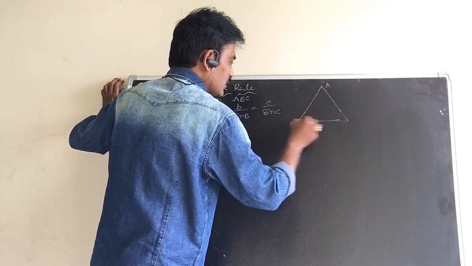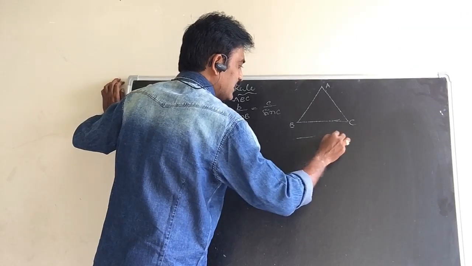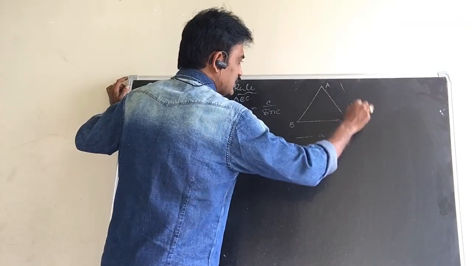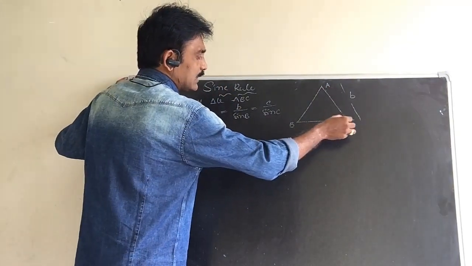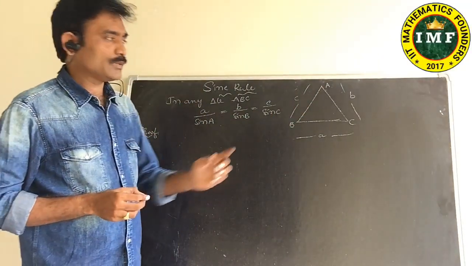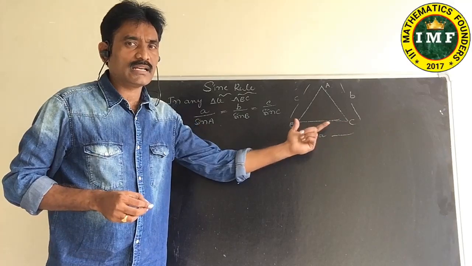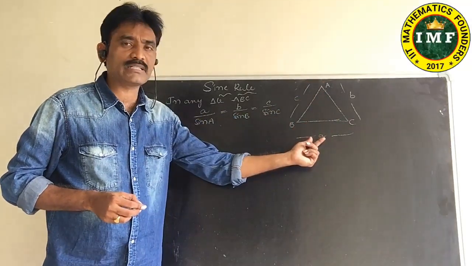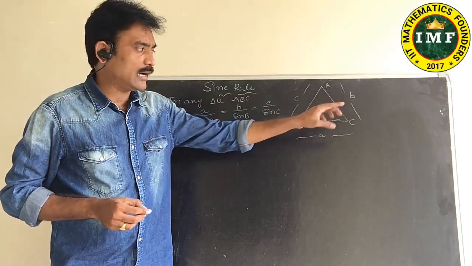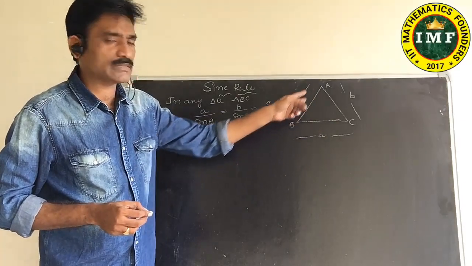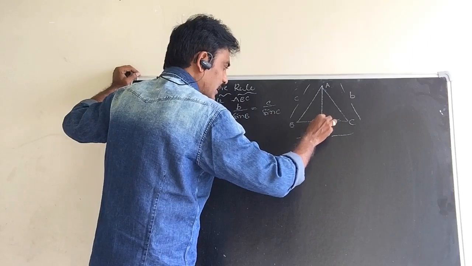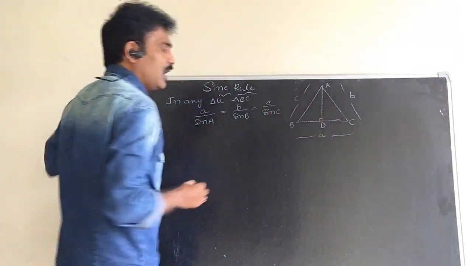As we know, the side opposite to vertex A is denoted by small a, the side opposite to vertex B is denoted by small b, and the side opposite to vertex C is denoted by small c. Now in this triangle ABC, I am taking a perpendicular AD on BC.